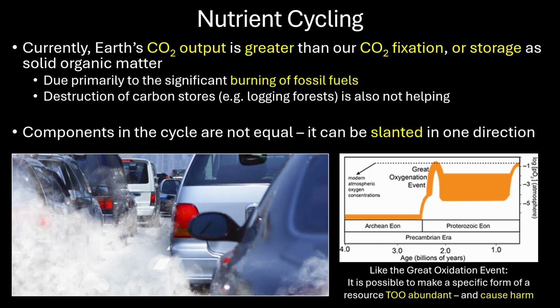You can push these things out of balance to reduce the availability, the amount of some compound like carbon dioxide, for example. You can make that more abundant or less abundant through our actions, and also the ecological behaviors of other organisms in the environment. What different organisms like us are doing.